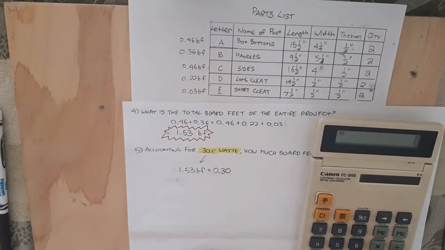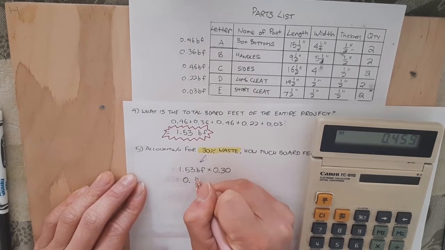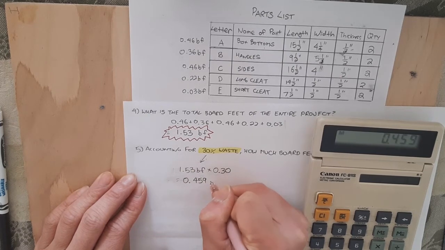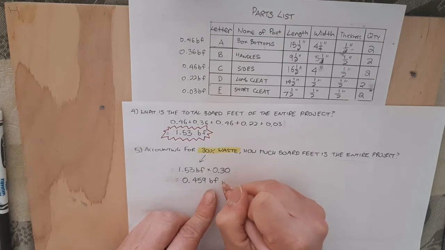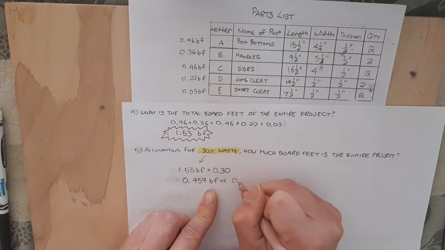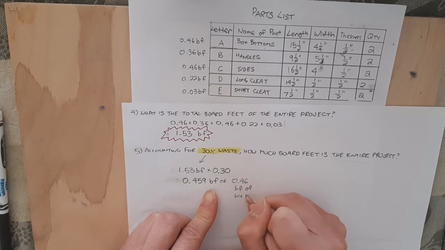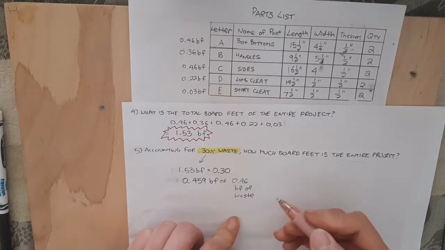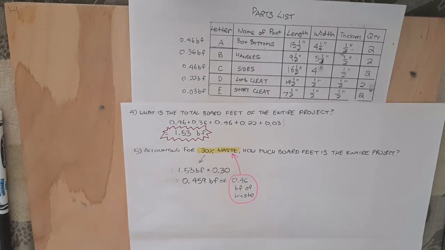So 1.53 times 0.3 is 0.459 board feet. I'm just going to round it to the nearest hundredth. So 0.46 board feet of waste. So this is 30% waste.